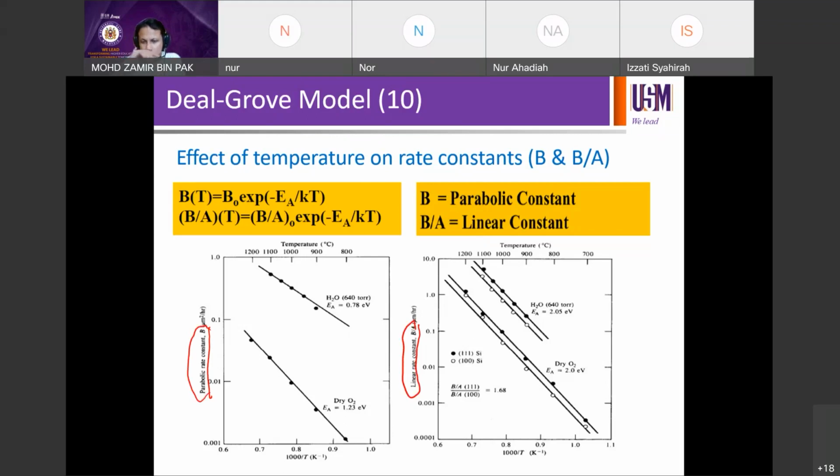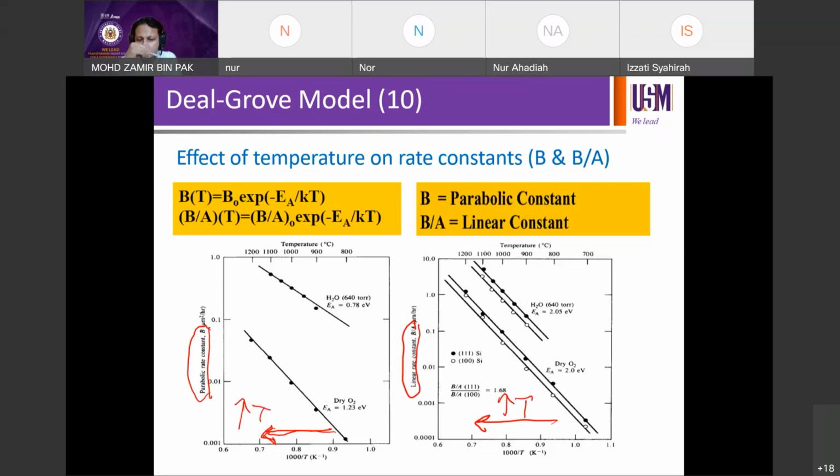Increasing temperature means going to the left in this case, because our axis is 1000 over T. If you increase the temperature, you end up with a lower 1000 over T, which means going to the left. Higher T.